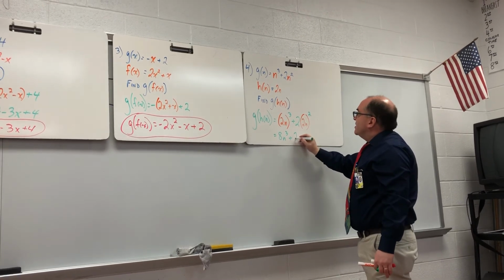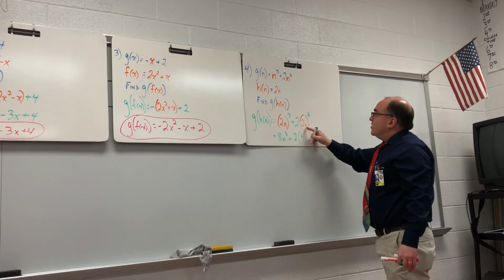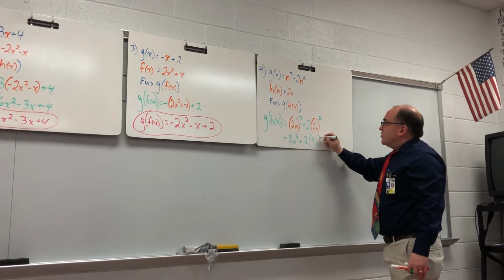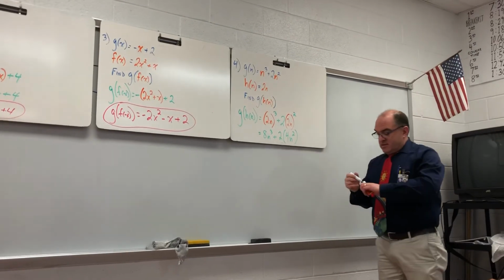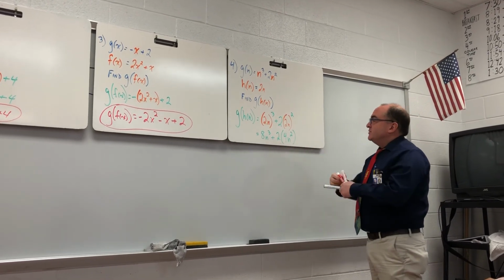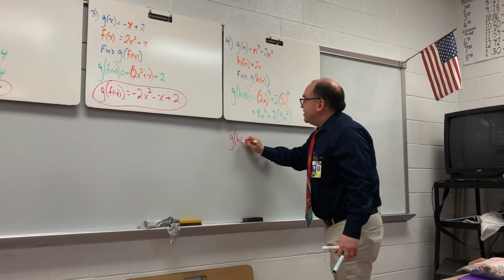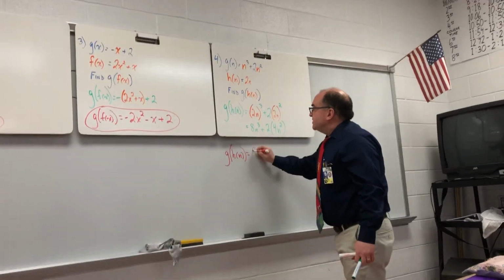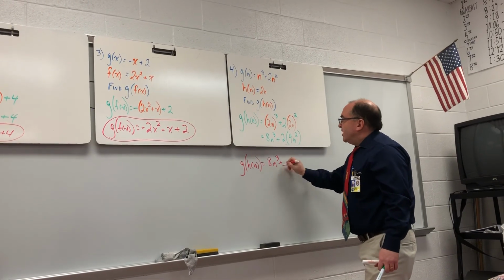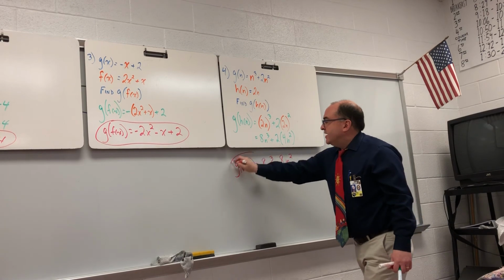So 2 times, what's 2 squared? 4. What's n squared? N squared, okay? And now we just finish off by multiplying 2 times 4. So G of h of n equals 8n to the third plus 2 times 4 is 8n squared. Easy.